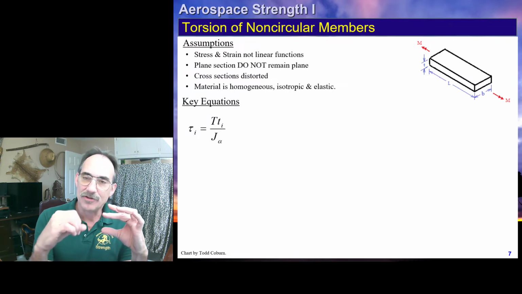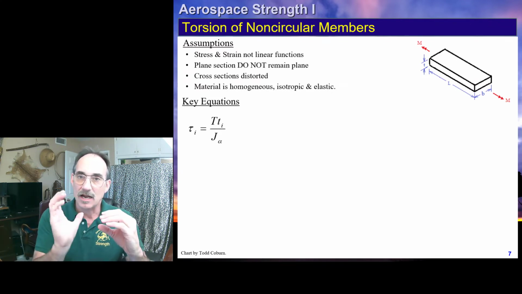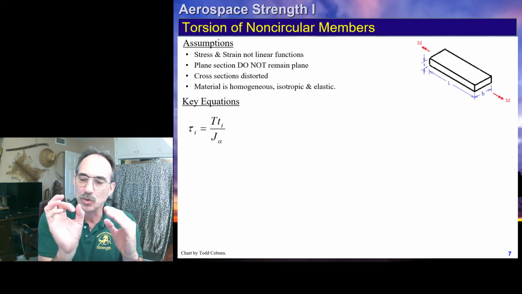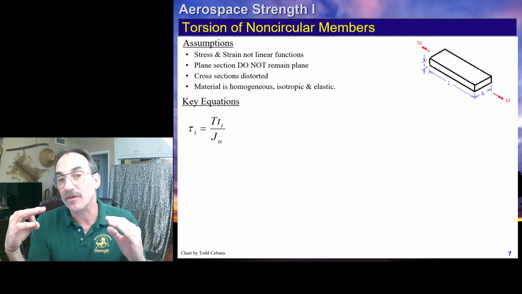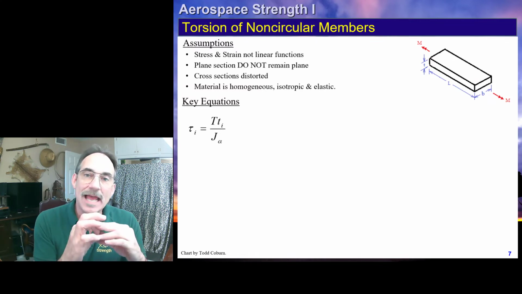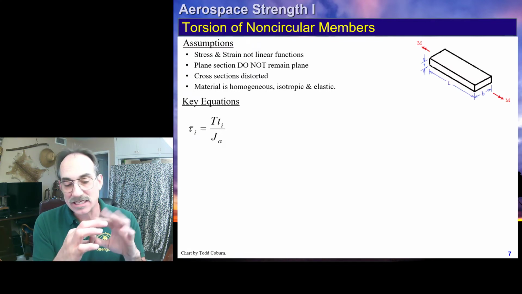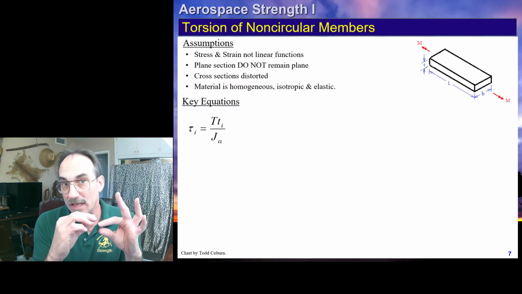And every other circle is similar, but as you move away from that, because this thing is going to also deflect under this torsion, it's going to kind of deflect like a noodle. So there's going to be less torque moving out as you get further and further out the flange. For this reason, the center of each flange will be where the shear stress will be maximum. It'll be at the extreme fiber of the center of each flange.